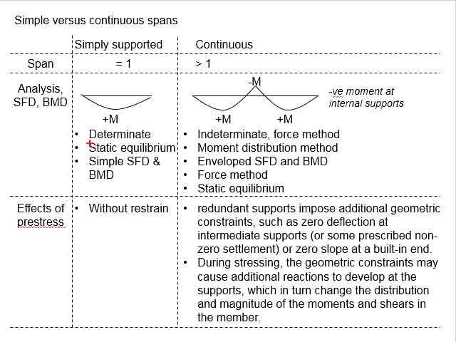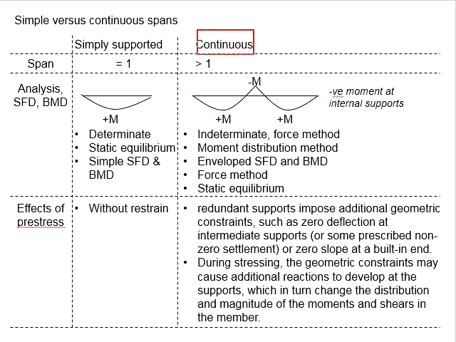You can use the principle of static equilibrium to determine the reactions. Based on the reactions obtained, you can develop the shear force and bending moment diagram. The typical bending moment diagram for a simply supported beam is given here.